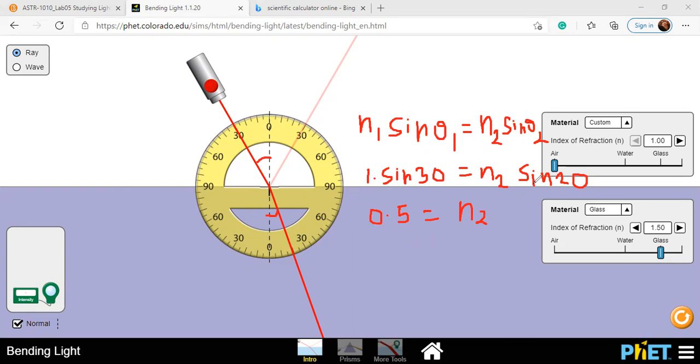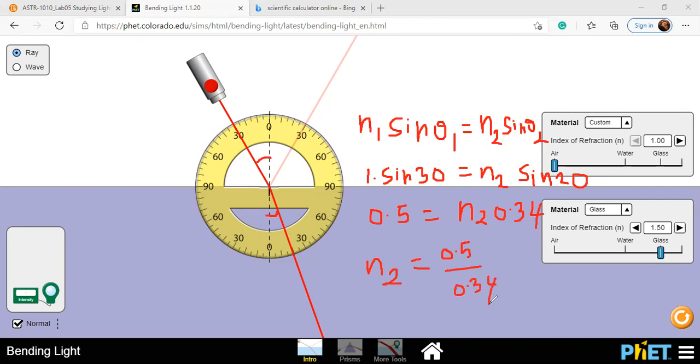Let me put 20 and the sine, right? 0.34, 0.34, right? So what is N2? N2 is 0.5 divided by 0.34.